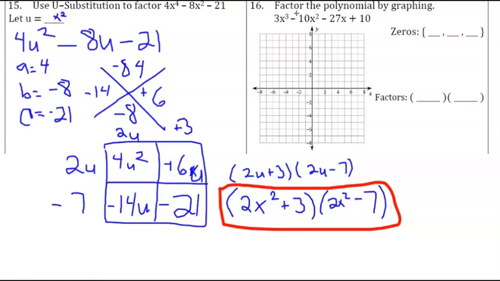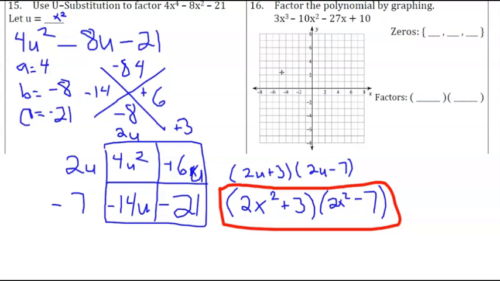Number 16. Factor the polynomial by graphing. 3x cubed minus 10x squared minus 27x plus 10. If you try to do this one by grouping, it won't work very well. So another method you could always use is the graphing method.